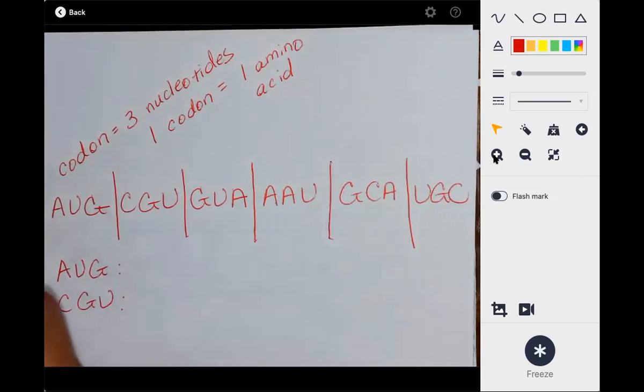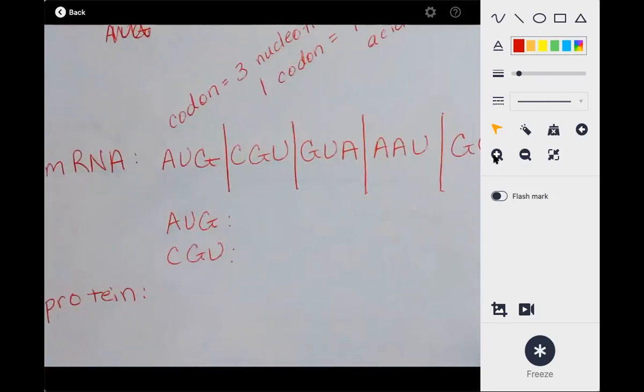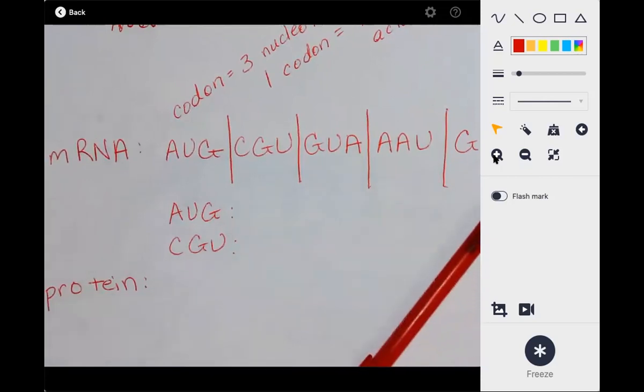Now, we need to use this mRNA to make a protein. So, how do we figure out the order of the amino acids for the protein? Well, it used to be that you would have to memorize what the codon stood for, but you don't have to do that anymore. There is a resource called a codon chart or a codon wheel that will tell you what amino acid corresponds to a codon.